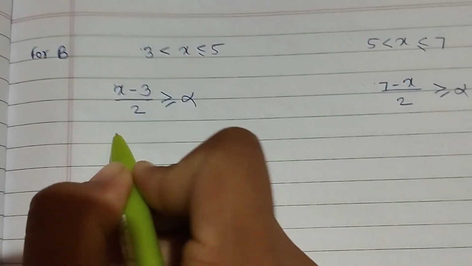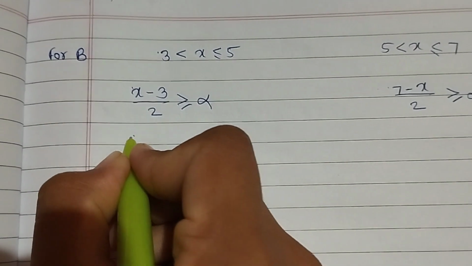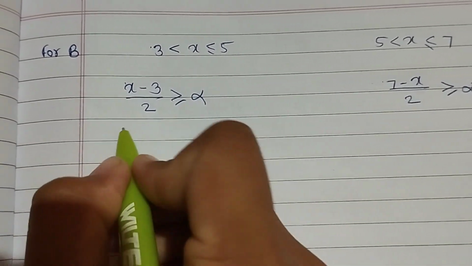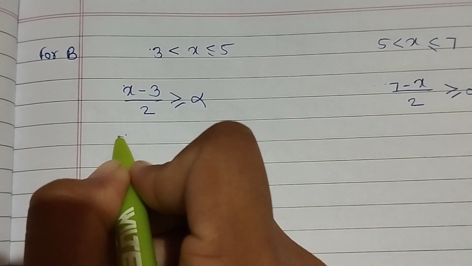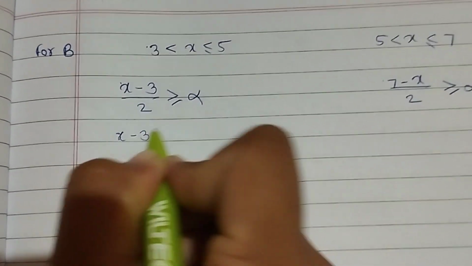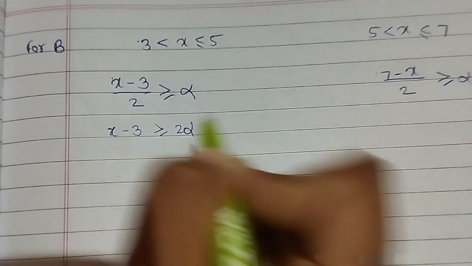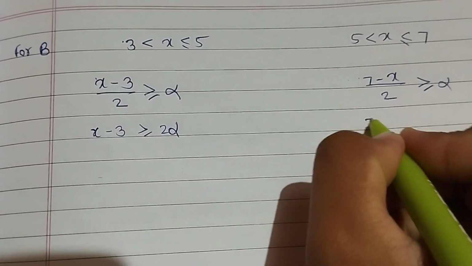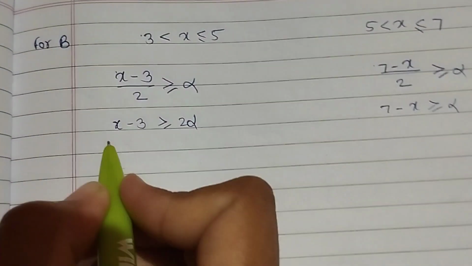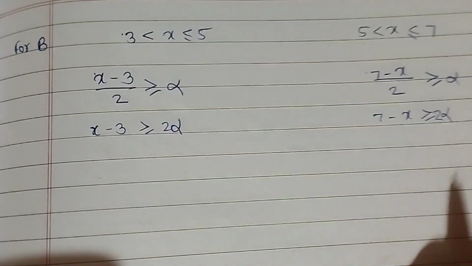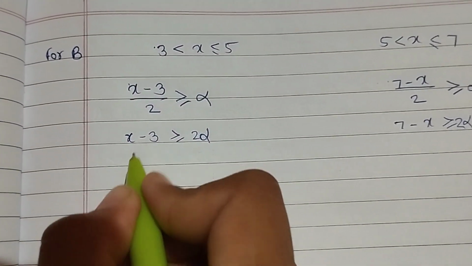So we find out x the same way for finding the intervals. For that we shift 2 to the right side. So x minus 3 is greater than or equal to 2 alpha. Now 7 minus x is greater than or equal to 2 alpha, sorry.